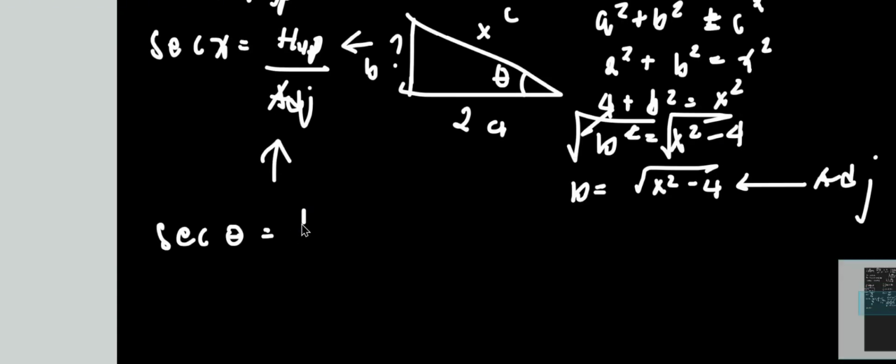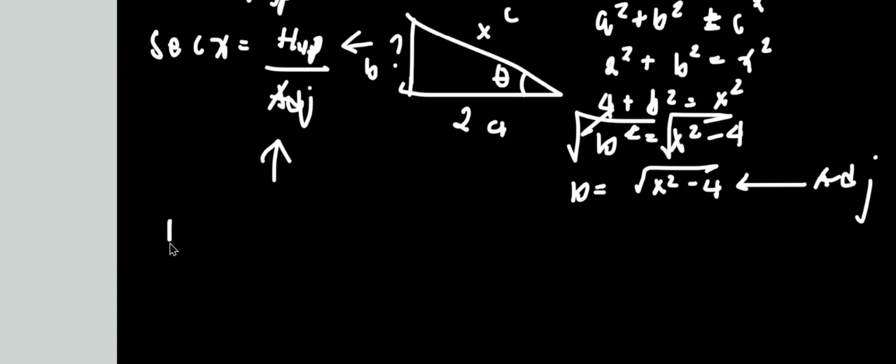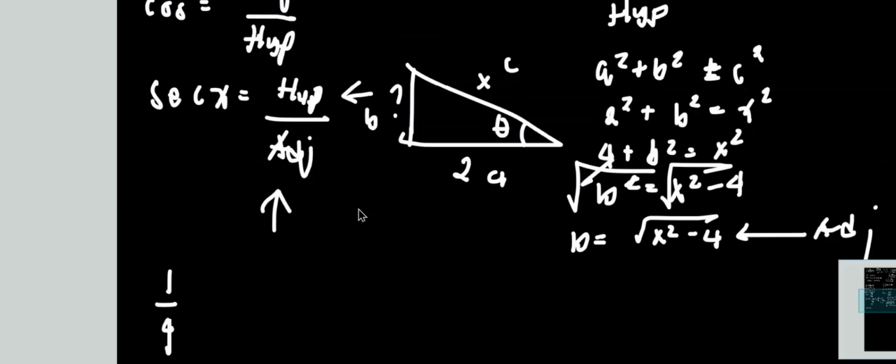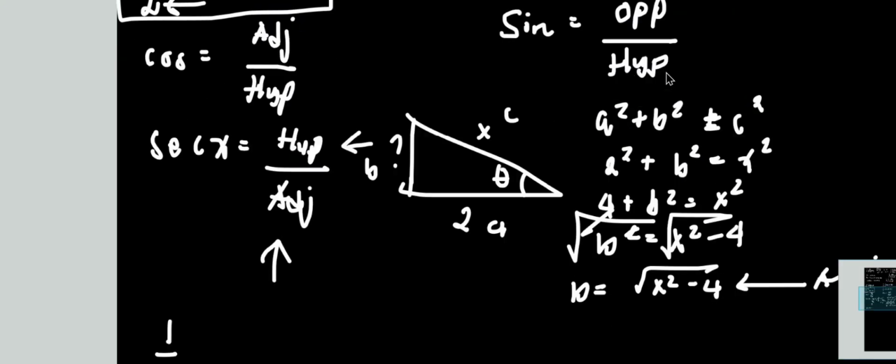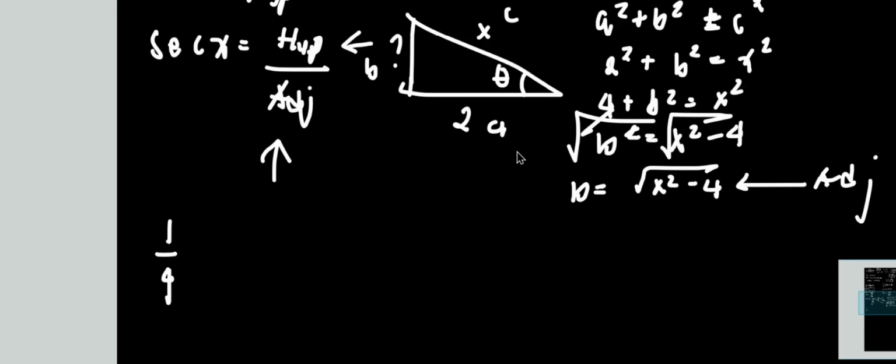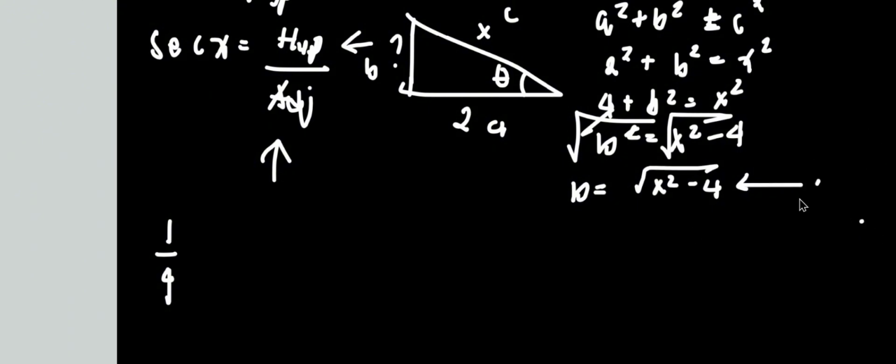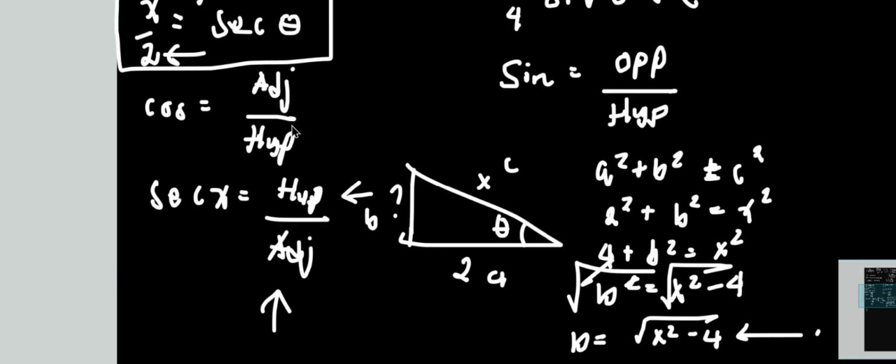Since may 1/4 doon, 1/4 sine, that is opposite over hypotenuse. So our opposite, hindi pala adjacent, this should be the opposite.